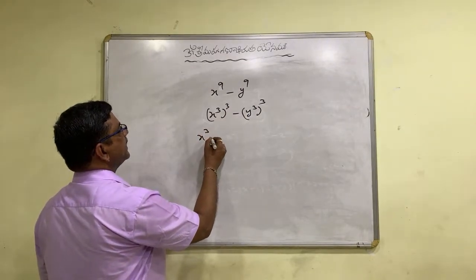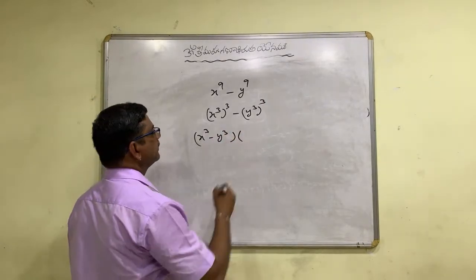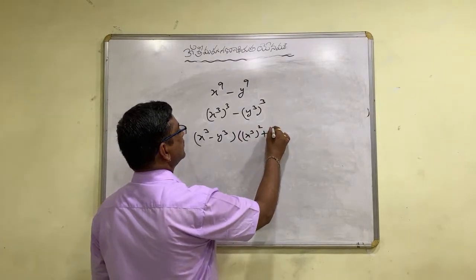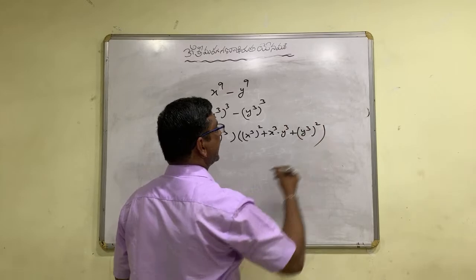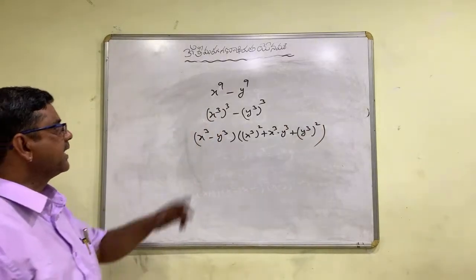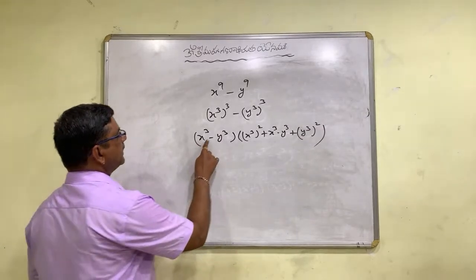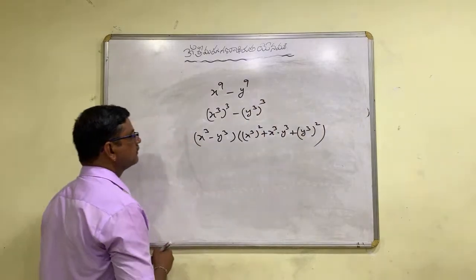A cube minus b cube is a minus b into a square plus ab plus b square. Here a is x cube, b is y cube. So a minus b into a square plus ab plus b square.